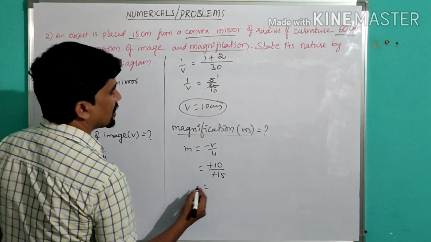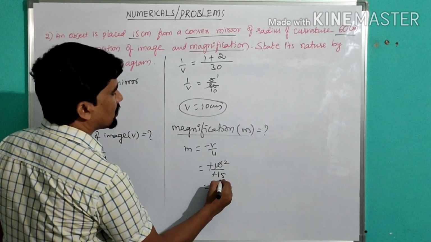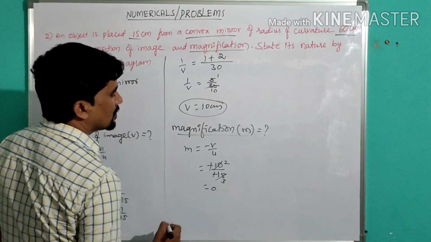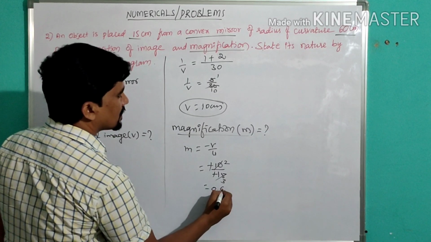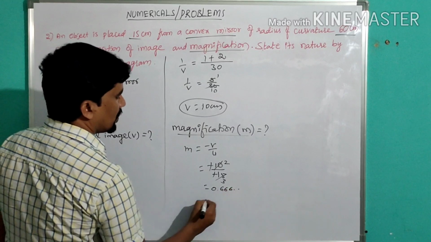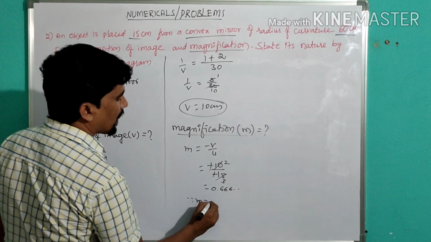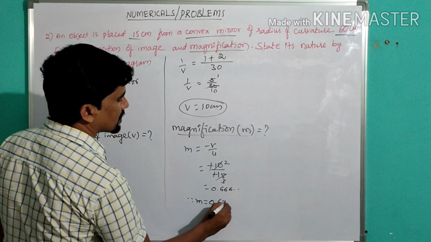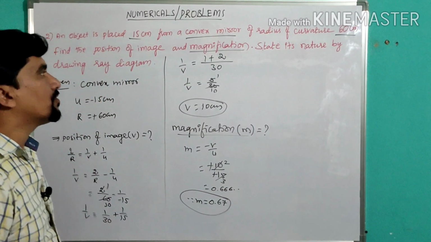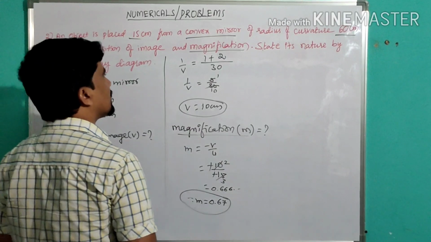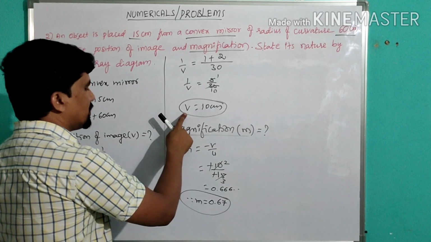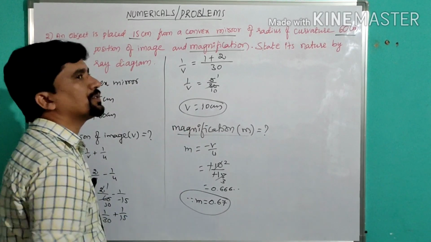Minus minus gets cancelled. 5 2s are 10, 5 3s are 15, so 2 by 3. Therefore, m equals approximately 0.67. Here we notice that we must remember that for a convex mirror, image distance is positive, and magnification is positive.